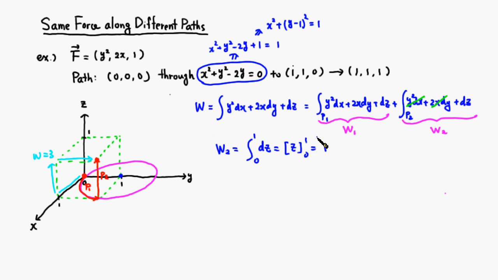And W1 is a trickier one. I'll help you set it up. Along this path, how do we express that?